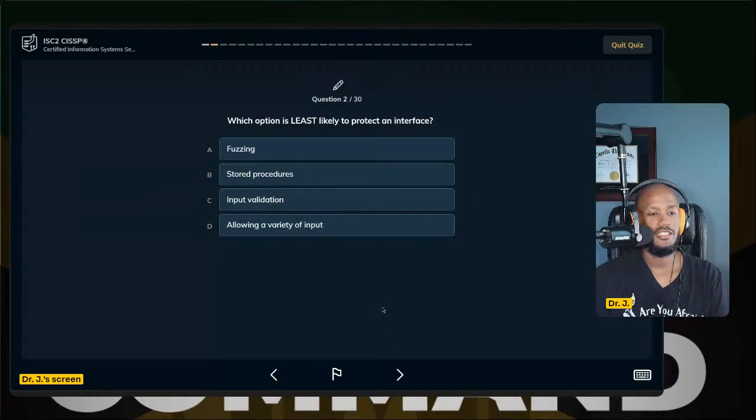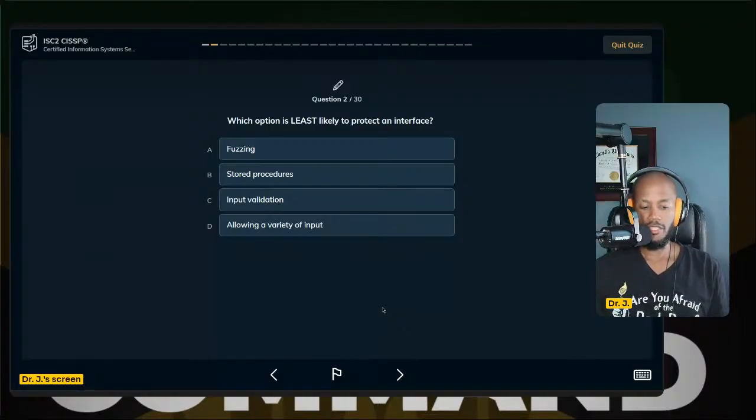Here's my rationale: input validation and then allowing a variety of input seems to clash, in my view, because with input validation you're only allowing a certain parameter of values within a field, where what Delta is saying is you could just do whatever you want, and that's not going to be the case.